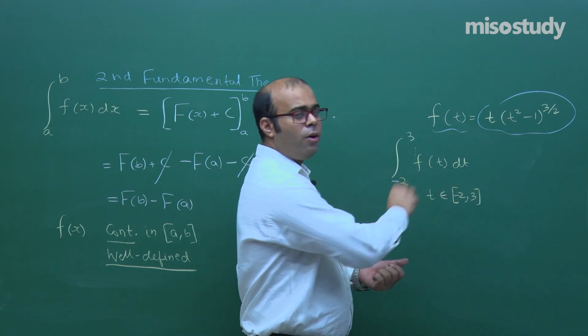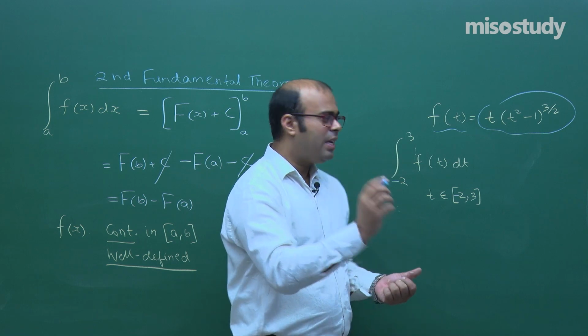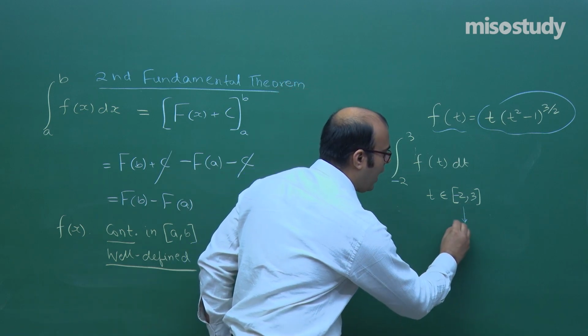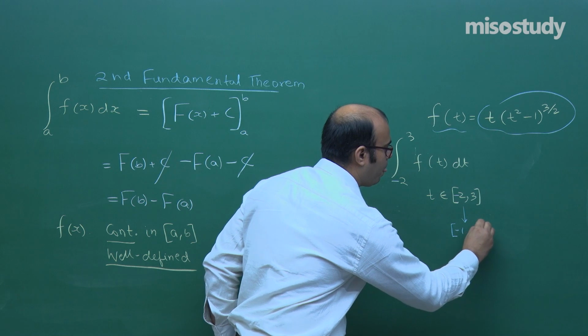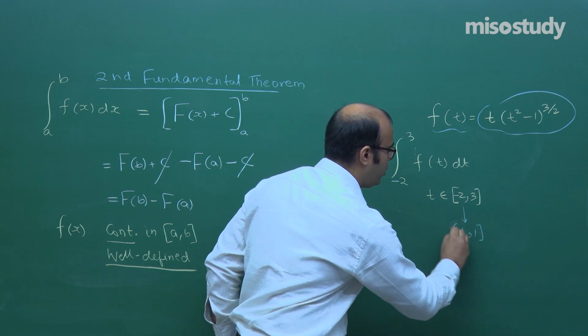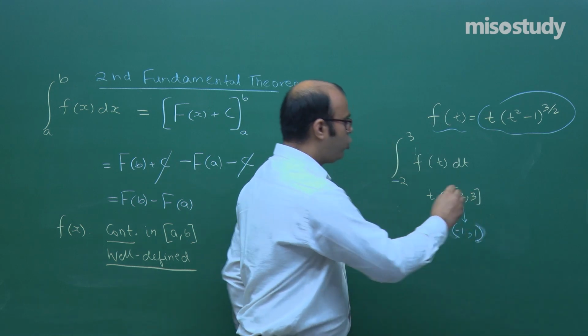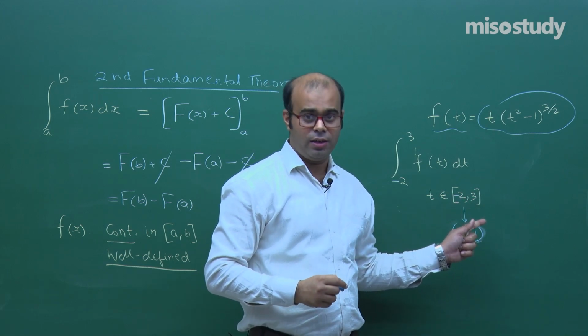Because when t is from minus 2 to 3, there is an interval here which is actually minus 1 to 1. This particular interval, the open interval minus 1 to 1, is a part of minus 2 to 3.